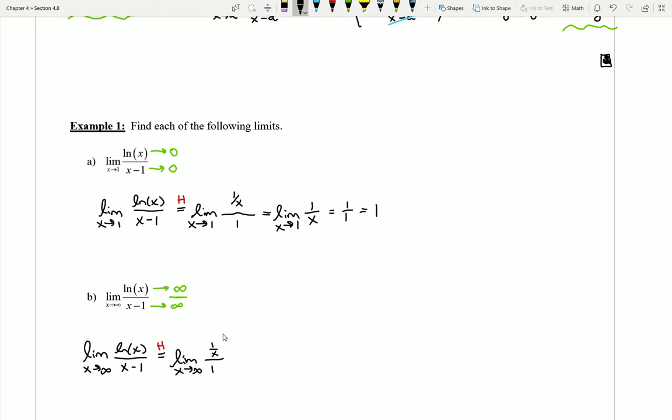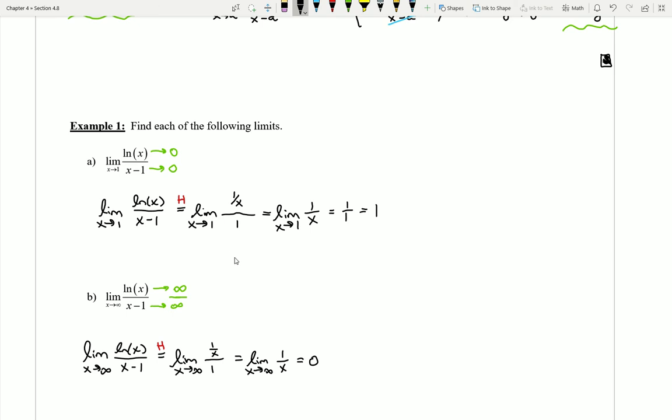So notice that the steps here look almost identical. Again, I can still do a basic algebra move of just rewriting this as 1 over x, but now I can see that if I'm working with 1 over x as x goes towards infinity, that means that my denominator is going to continually get larger and larger and larger, and of course then this value should be 0.